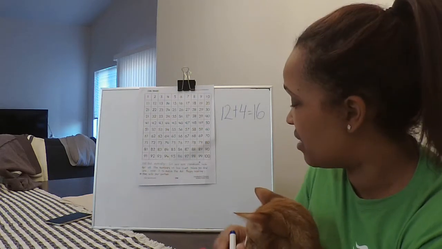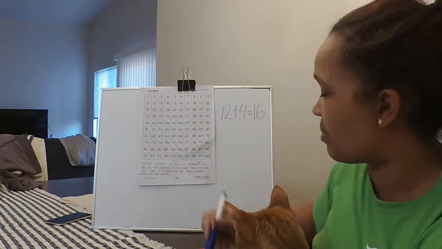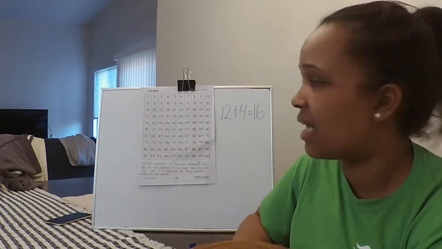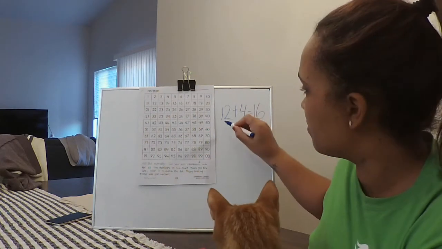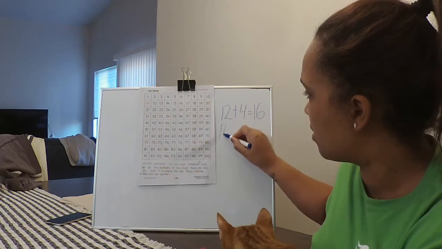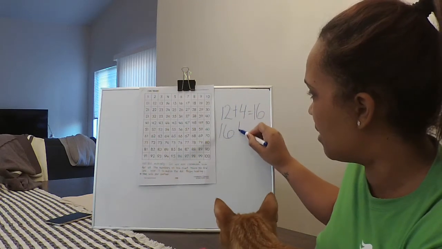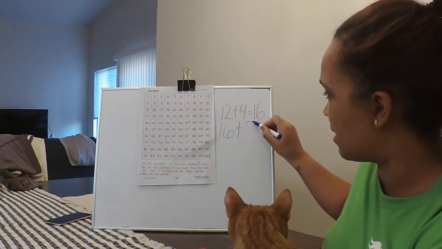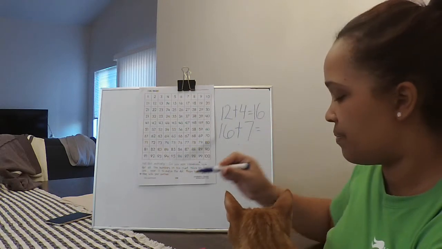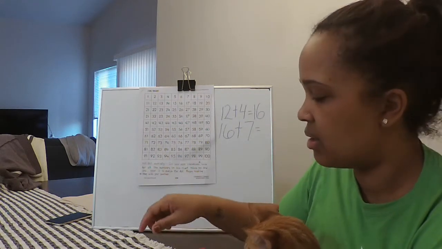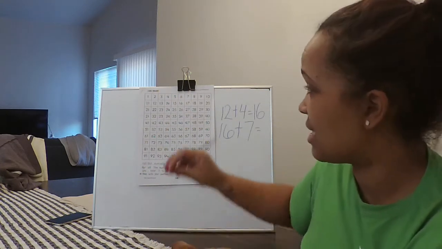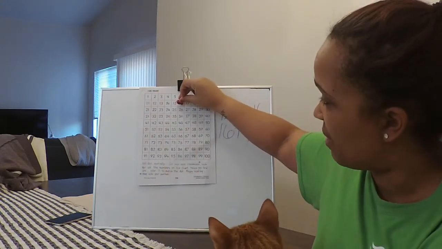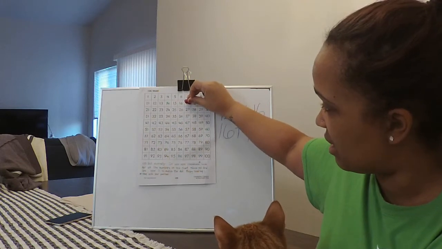Now, keeping the frog jump in mind, let's try a different problem together. Let's start with 16. And we're going to add 7. Let's see. So where am I going to start? On the 16. My first frog jump count will be that, going to the 17.